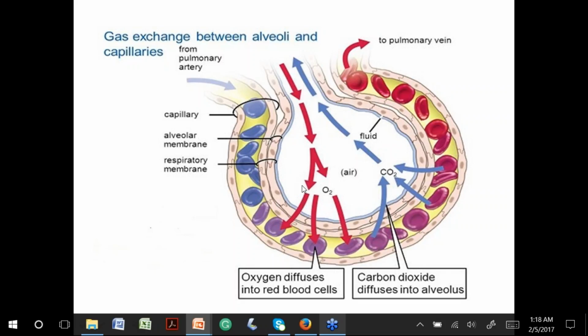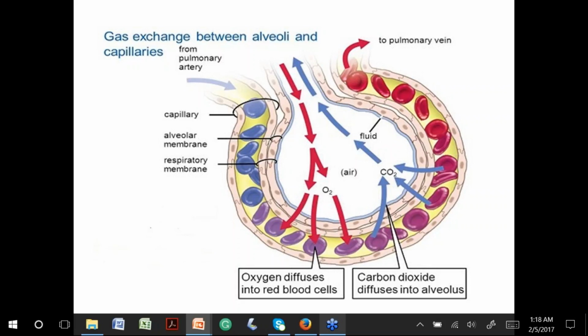But when you inhale, you have a high concentration of oxygen. Remember that diffusion passes from higher concentration to lower concentration. That is how the oxygen passes from the lungs to the capillaries and the blood.